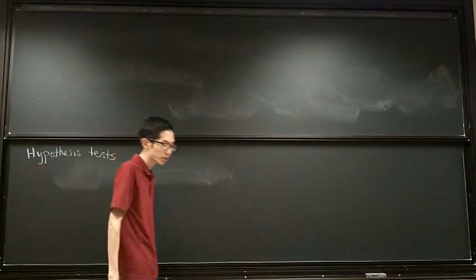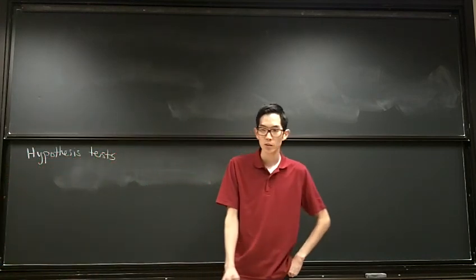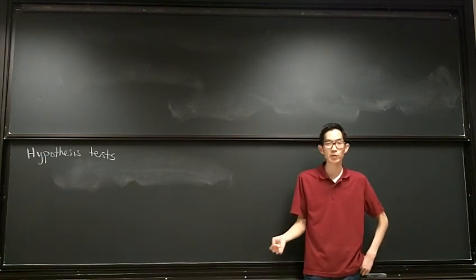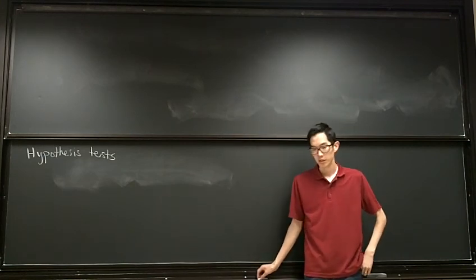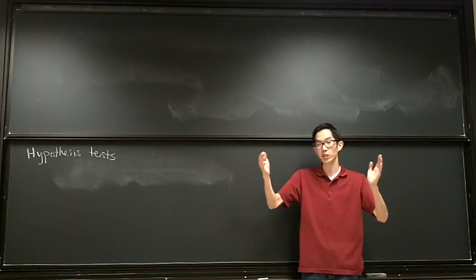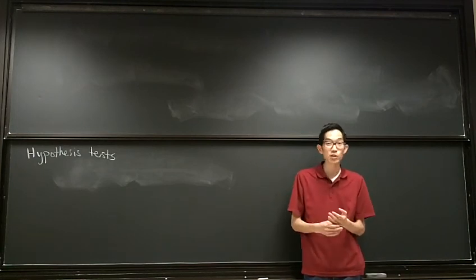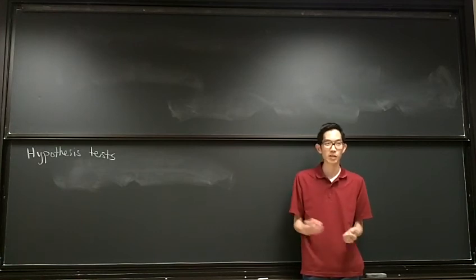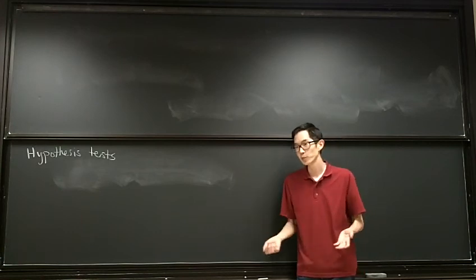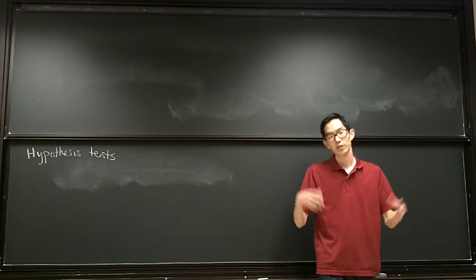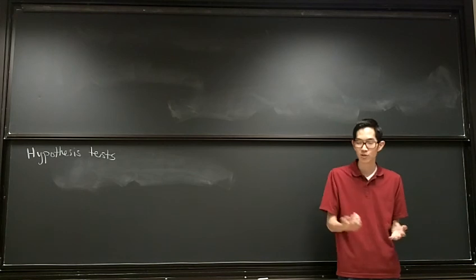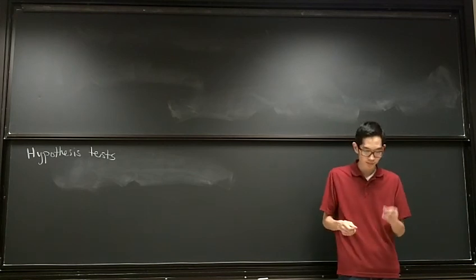Okay. Last week we dealt with confidence intervals. We said we've taken a sample, and based on the sample we came up with a range or an interval of plausible values for the population parameter. Okay? So maybe we took a sample of 200 people and 80 of them said that they have this trait or whatever, okay?